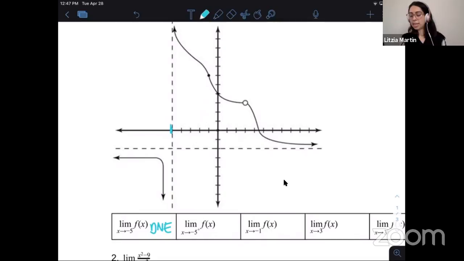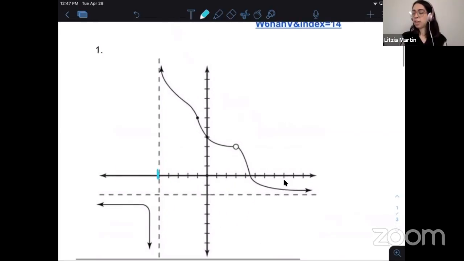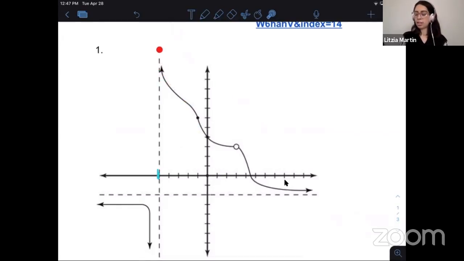All right. Next, it's asking for the limit as x approaches -5 from the right. Remember that little plus symbol means from the right. So what I will do is I will follow the function. On the right side, this is -5.